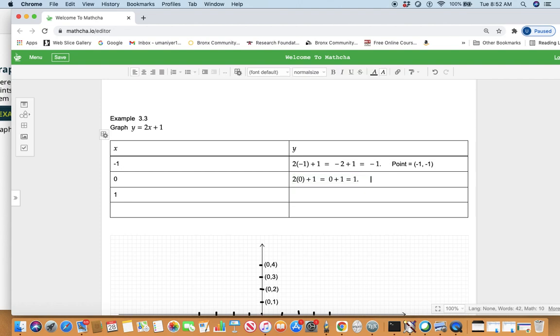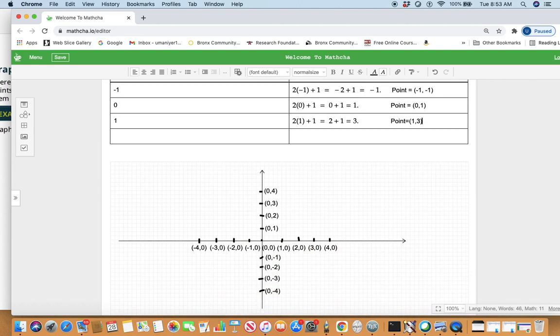So the point here is (0, 1). Lastly, the third point: y is 2x plus 1, so 2 times 1 plus 1. 2 times 1 is 2, plus 1 is 3. So the y value is 3. The point is x coordinate 1, y coordinate 3.